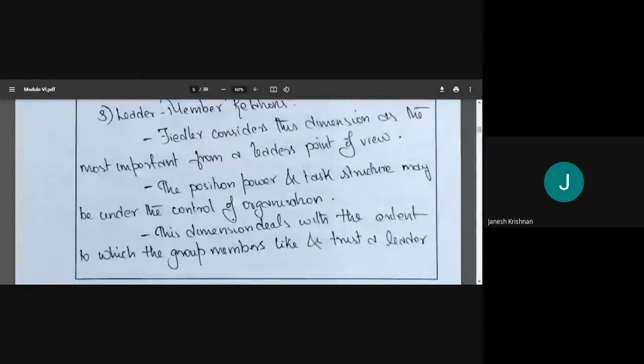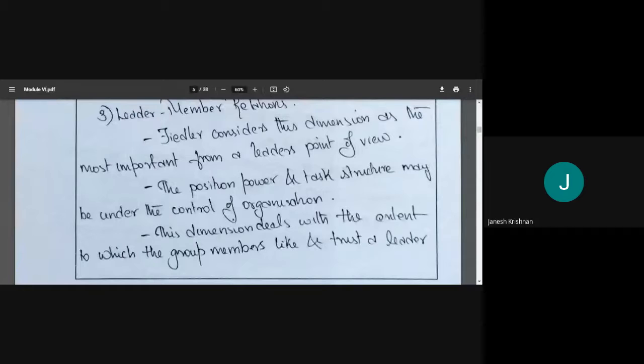Position power means it is the power of the position. Tomorrow, if you don't have the position, you will lose that power, and you will lose the followership. Again, the task structure: you are given the authority to make a decision, to give out the task, like 100 black pens in 1 hour.